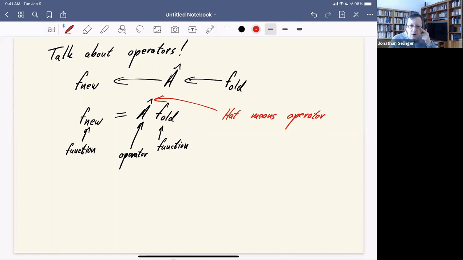So one function is the input and another function is the output. To think about maybe the simplest example in the world, we could say 2 hat is the multiply by 2 operator.